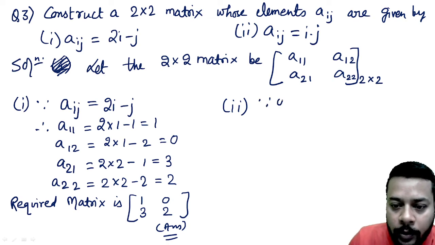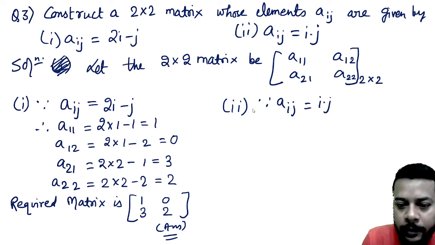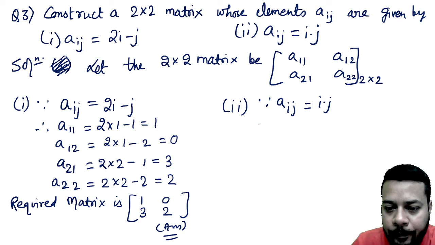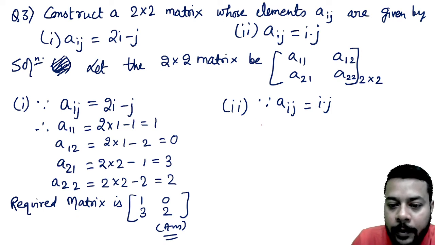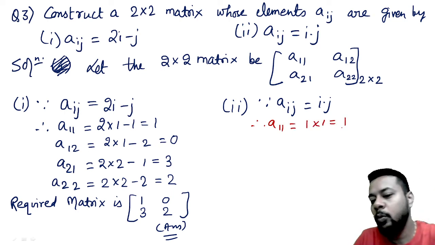As we know, aij is equal to i into j. Then what we will see here, A11 will be simply 1 into 1, that is 1.